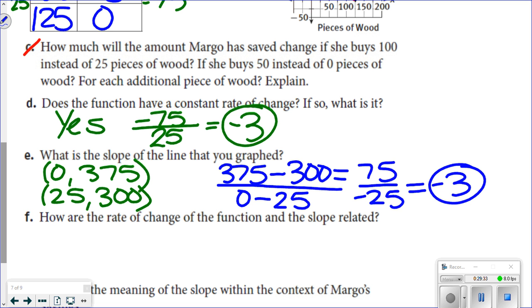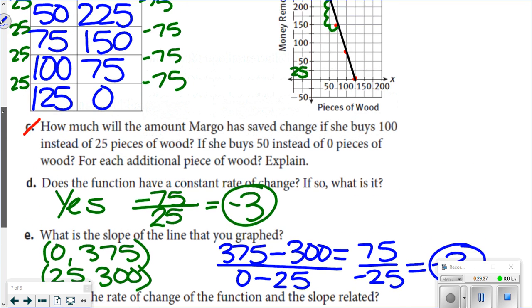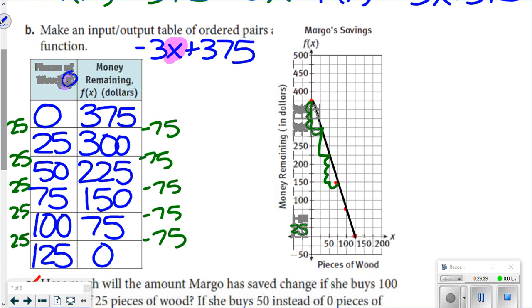And how do I know that this slope is negative? So if I go back up and look, this line is decreasing. It's going down. So I know my slope is negative. Okay, so I'm going down 1, 2, 3 boxes over 1. So my slope is -3 over 1, which simplifies to -3.